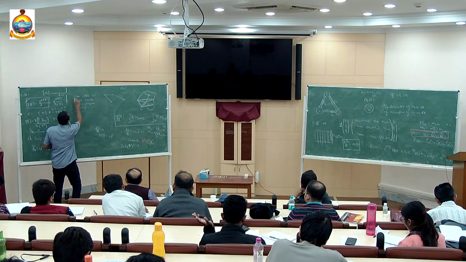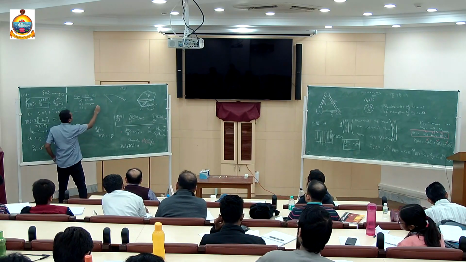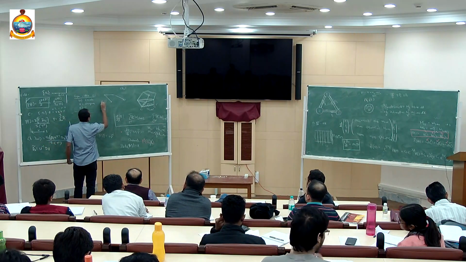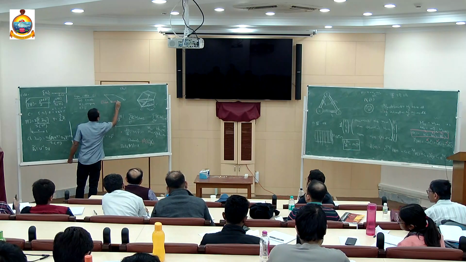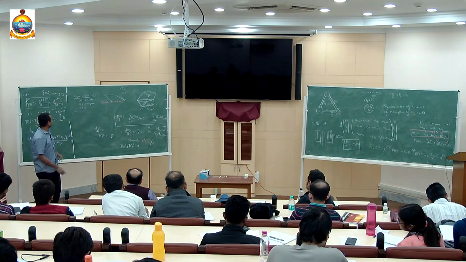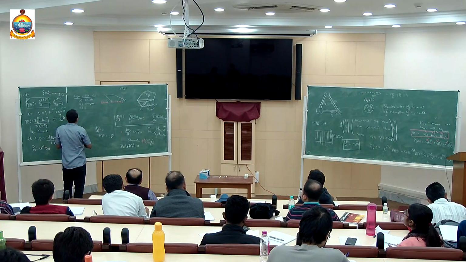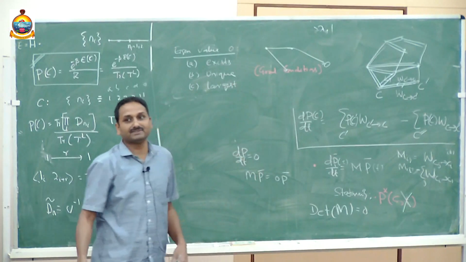So one is that eigenvalue 0 exists, that is, the determinant is 0. Two, it is unique under good conditions. That actually includes most cases, and mostly we study only those. And the third one, that it is the largest. This also I have not given the proof.